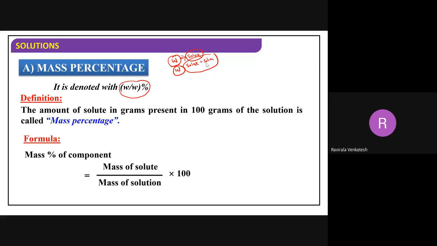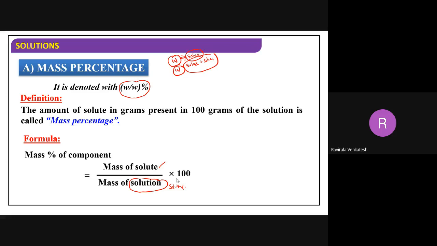So again I am repeating. The formula of the mass percentage is very simple: mass of the solute divided by mass of the solute plus mass of the solvent, into 100. तो कुछ बच्चे यहाँ पर मिस्टेक करते बेटा. सॉल्यूशन के जगह कुछ लोग सॉल्वेंट लेते हैं, क्योंकि ऊपर सोल्यूट है तो नीचे सॉल्वेंट ऐसा लेते. ऐसा कुछ नहीं है. नीचे सोल्यूट और सॉल्वेंट दोनों है बेटा.